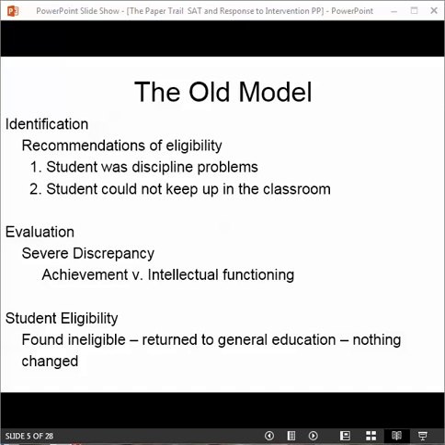And they were only able to perform work at that same level. The team may say there was not enough of a gap, a severe enough discrepancy. The student wasn't failing badly enough for us to determine that they were eligible. This is the old model. So the student might be in first grade functioning on a kindergarten level, but they weren't failing enough in order to get help.